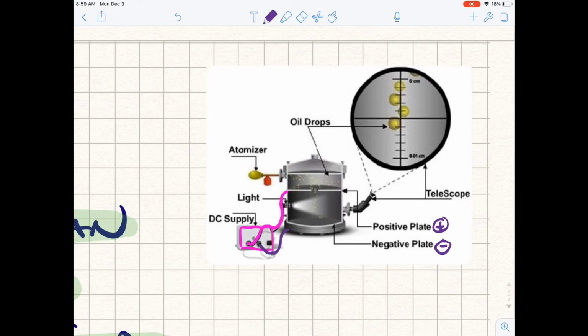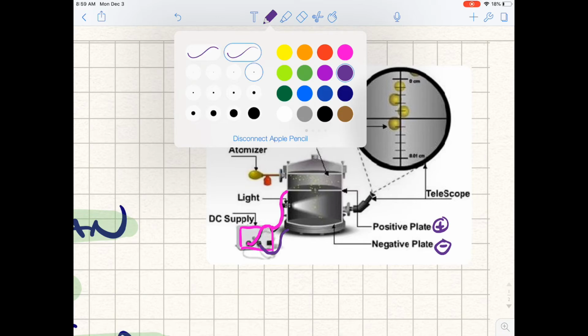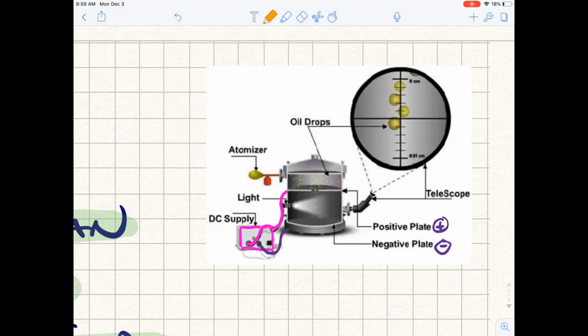Now if we were to draw in the field lines, the lines of force for a positive test charge, these guys are going to come down like this, these lines. And what that means is any positive charge that enters into this chamber is going to be attracted to that negative plate and repelled by the positive plate.